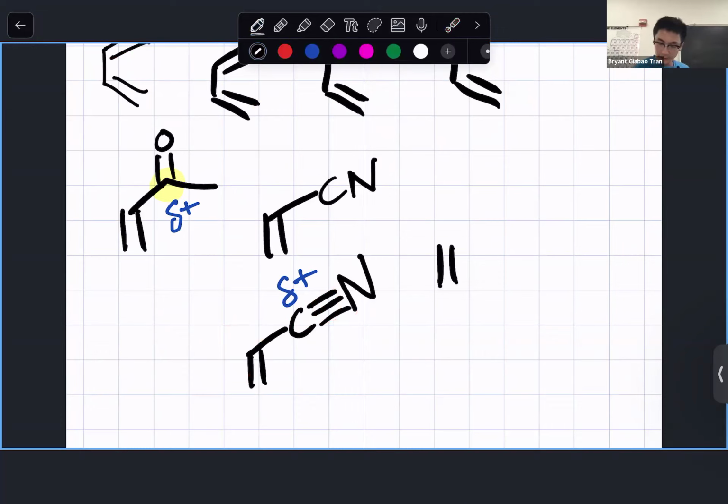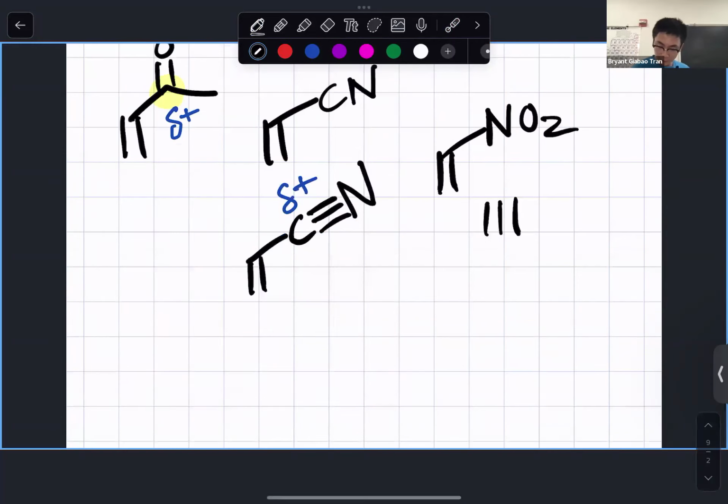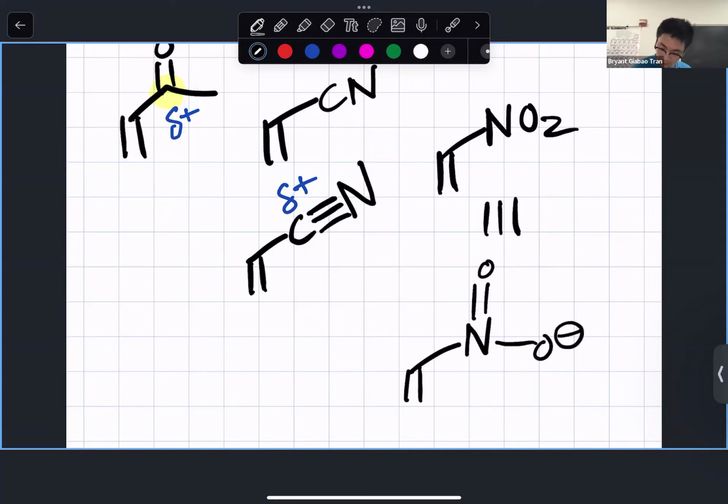Another one that you can see is NO2 right there, where I'm going to draw out that NO2 Lewis structure to see why that is an EWG. The first atom here that is attached to the dienophile is that nitrogen right here. This nitrogen has a full positive charge. So this is the strongest EWG that you could have, NO2.